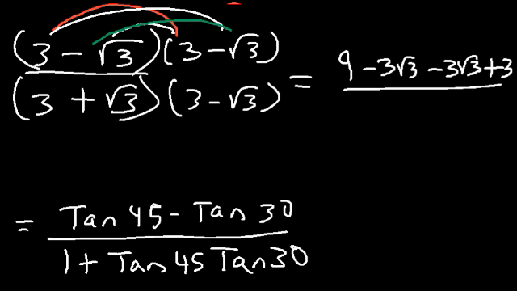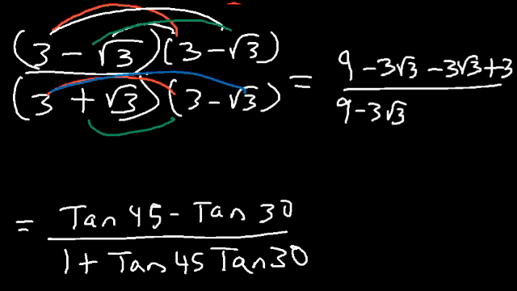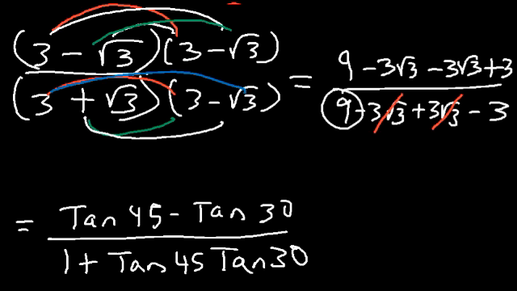On the bottom, because they're conjugates, the two middle terms will cancel. 3 times 3 is 9. 3 times negative root 3 is negative 3 root 3. Positive root 3 times 3 is positive 3 root 3. And positive root 3 times negative root 3 is negative 3. So these two cancel. On the bottom, we just have 9 minus 3, which is 6.